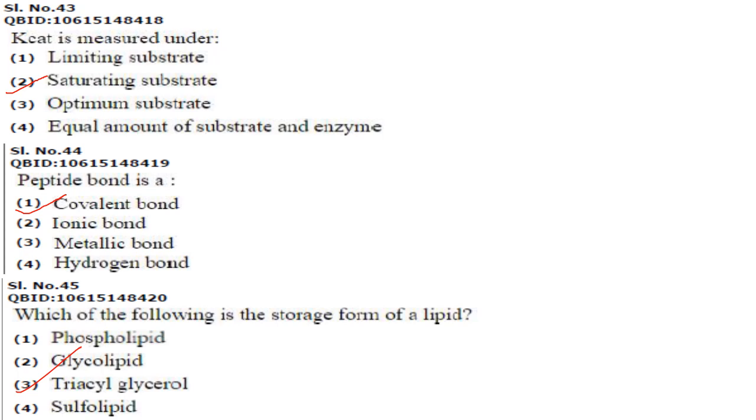So kcat is measured under saturating substrate. Answer is option 2. Peptide bond, it is a covalent bond. Option 1. Which of the following is the storage form of a lipid? So it is triacylglycerol. Triglycerides. So the answer here is option 3.